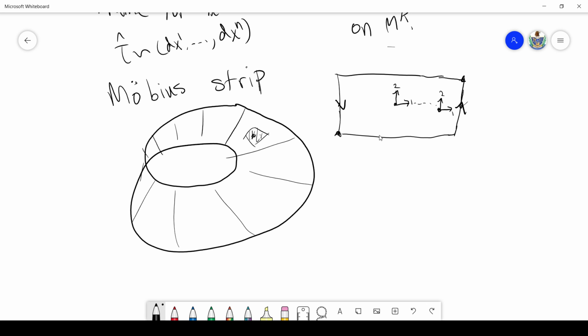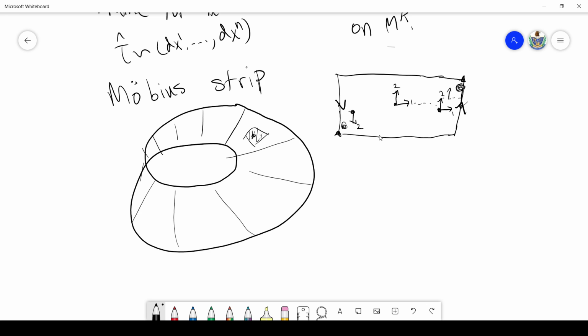And now when we pass through here, what happens is that since 2 is pointing in this direction, points up here are being sent to points down here. So when this point passes here, the orientation frame is going to flip, because this 2 that's pointing upwards is going to be sent downwards.